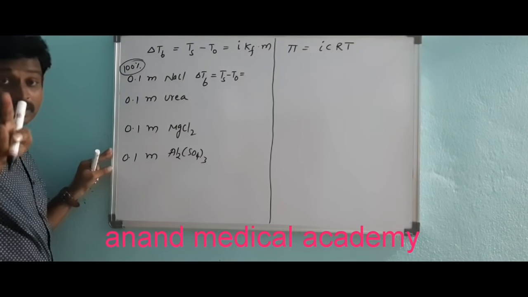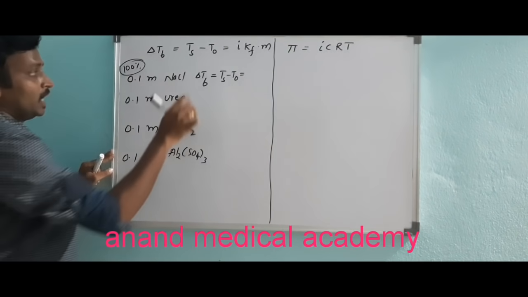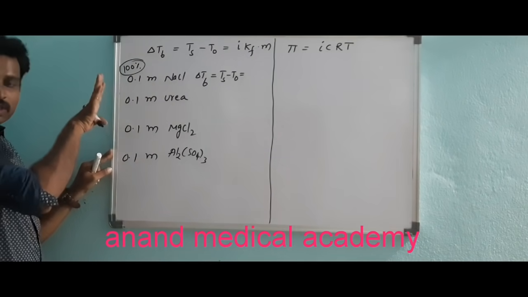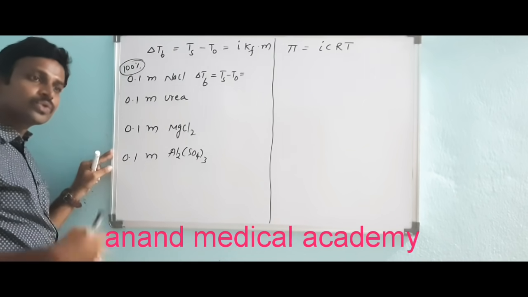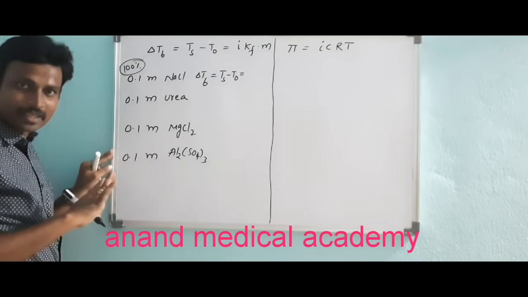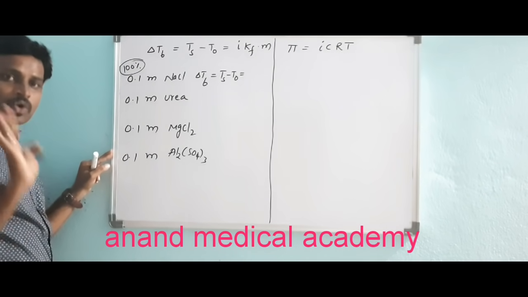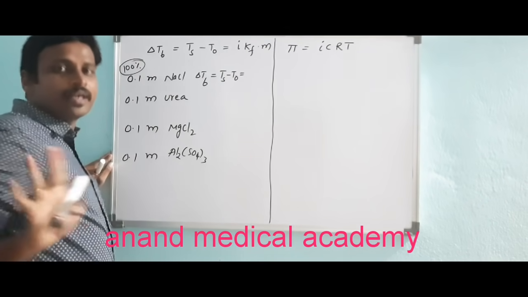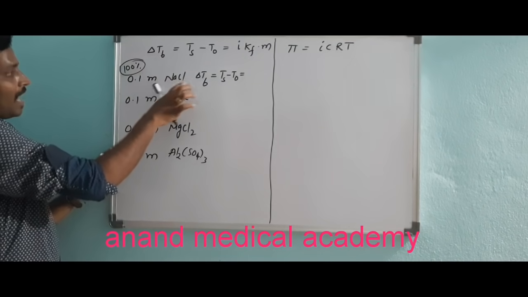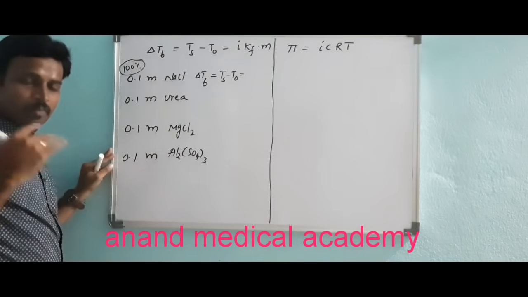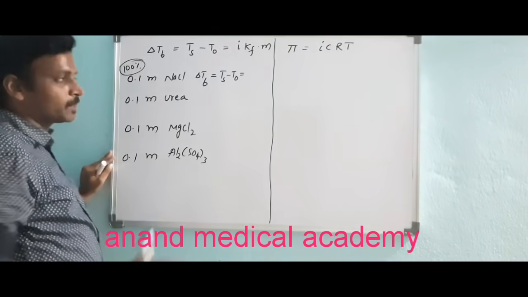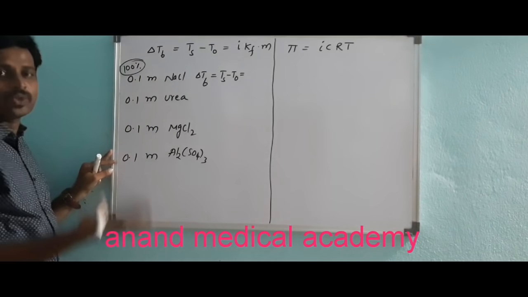This is a very important note for you. If it is not mentioned that the solution is 60% dissociated or 70% dissociated, it means they are strong electrolytes, they dissociate 100%. Here alpha is not mentioned, so 100% dissociated.